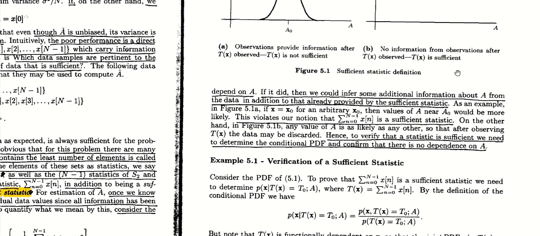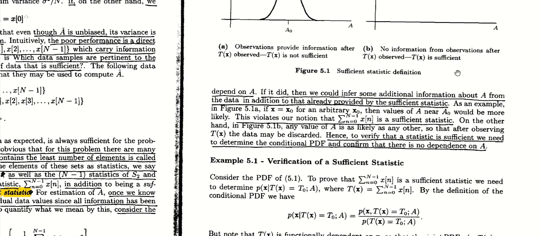If we look at this in a more verbal, understandable way, we will say that a sufficient statistic provides sufficient information about a specific parameter.